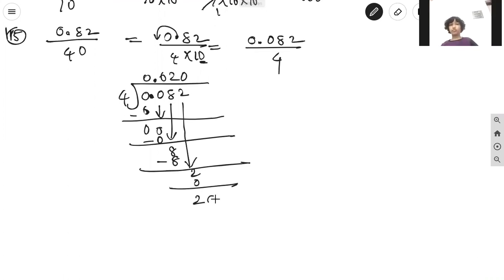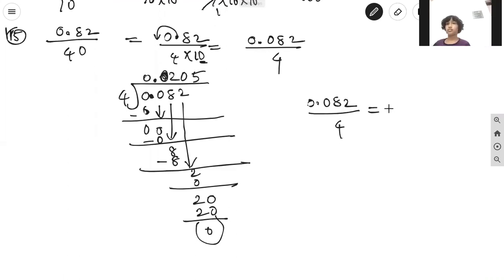Here 2. Next we take the 0. 4 fives are 20. Why? Because 0.082 divided by 4 is equal to 0.0205.